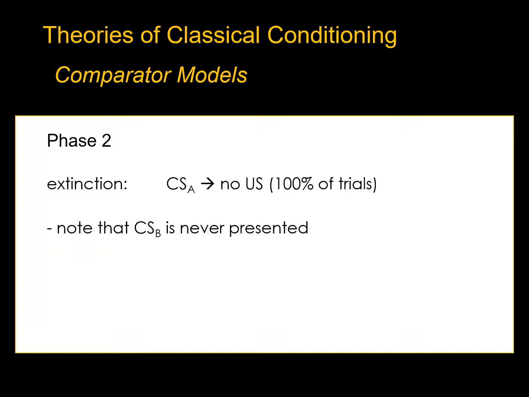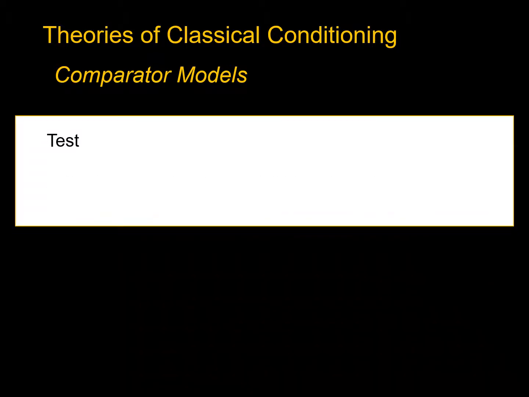Now, we're not presenting CSB, or the tone, at all here. And no shocks are being delivered here. We're just presenting that CSA over and over by itself. So CSB is never presented during these extinction trials.